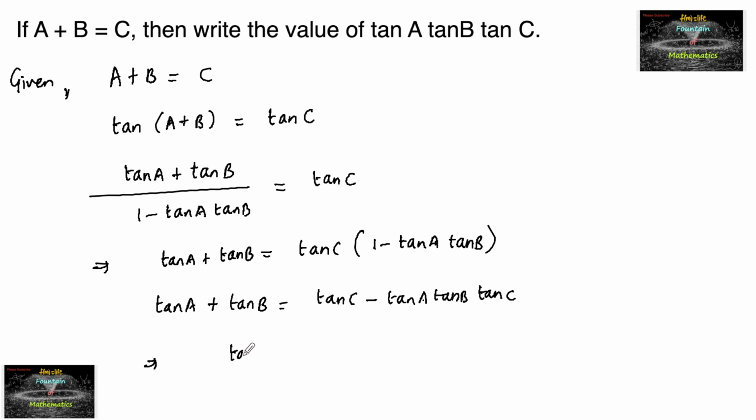So from here we can also write tan a tan b tan c is equal to tan c minus tan a minus tan b. So we can give the answer: tan a tan b tan c is equal to tan c minus tan b minus tan a. Okay, thank you.